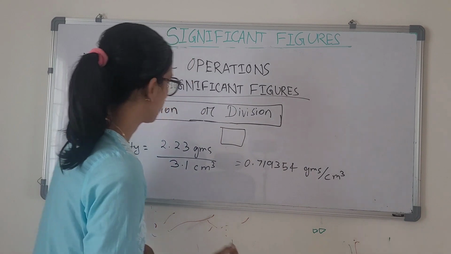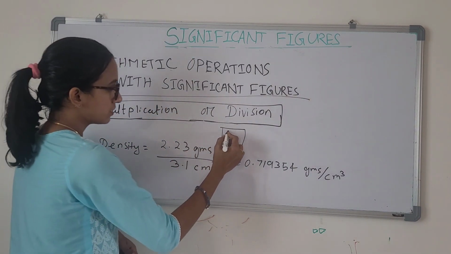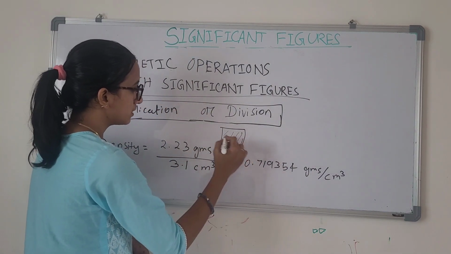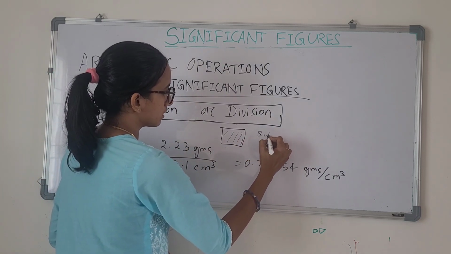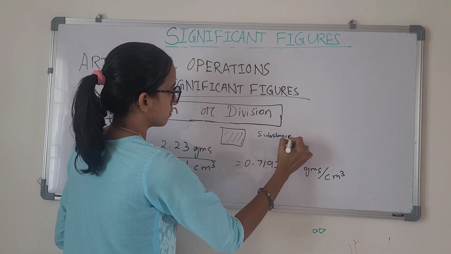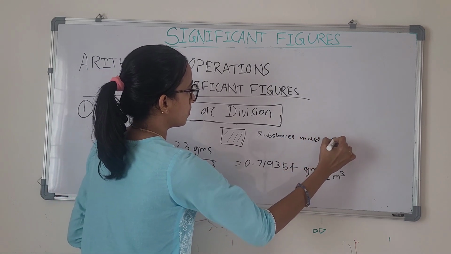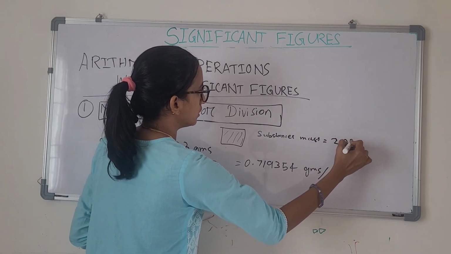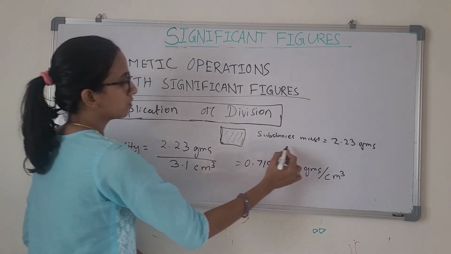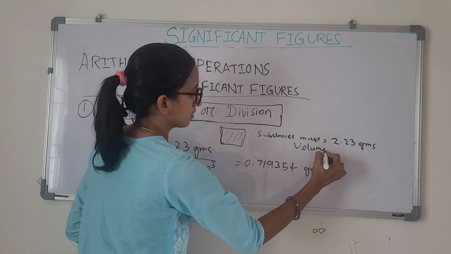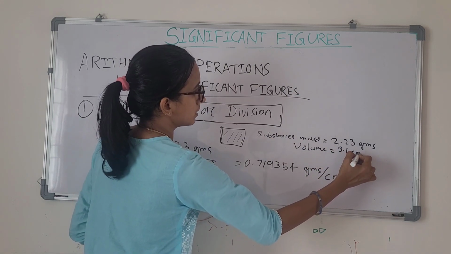For example, suppose this is a box and inside this box there are 2.23 grams of substance. The substance's mass is 2.23 grams and the volume of this box is found to be 3.1 centimeter cube.